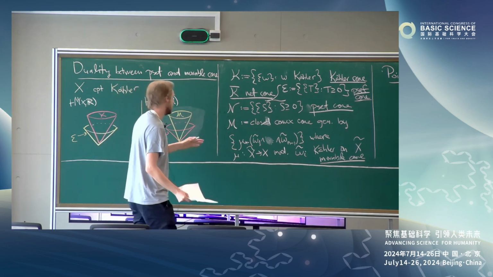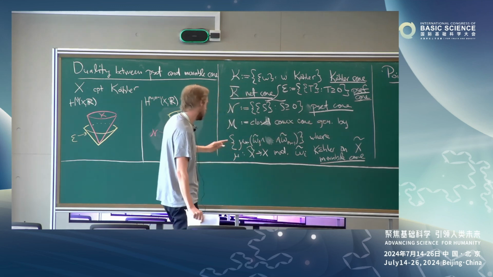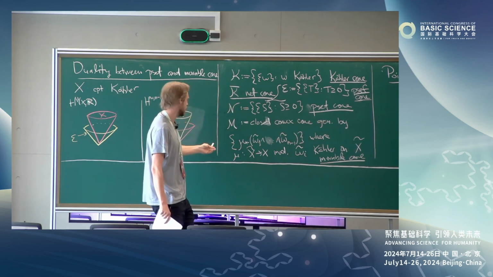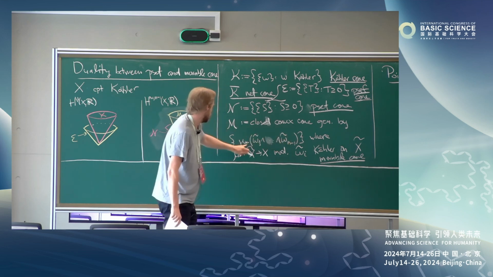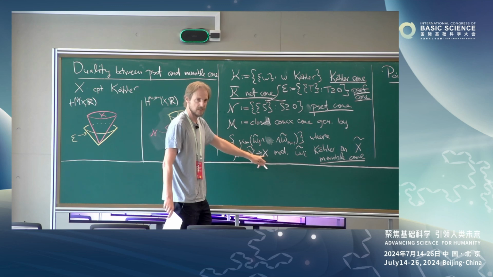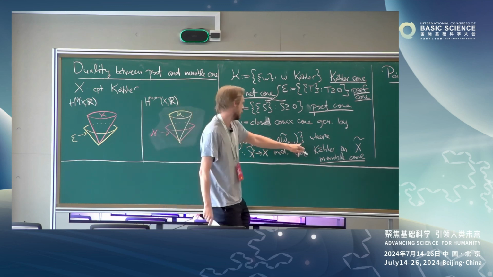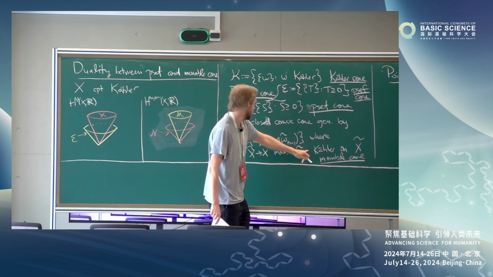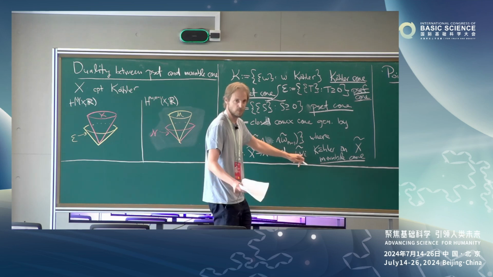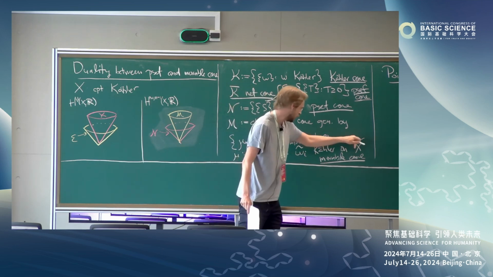This is defined as the closed convex cone generated by classes of this form. We look at some modification of X, mu, from X tilde to X, and there we pick a number of smooth Kähler forms on X tilde.